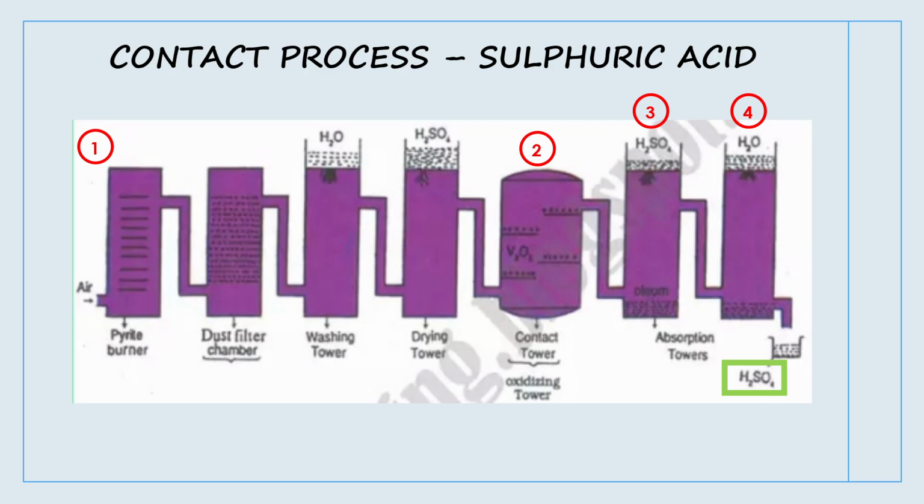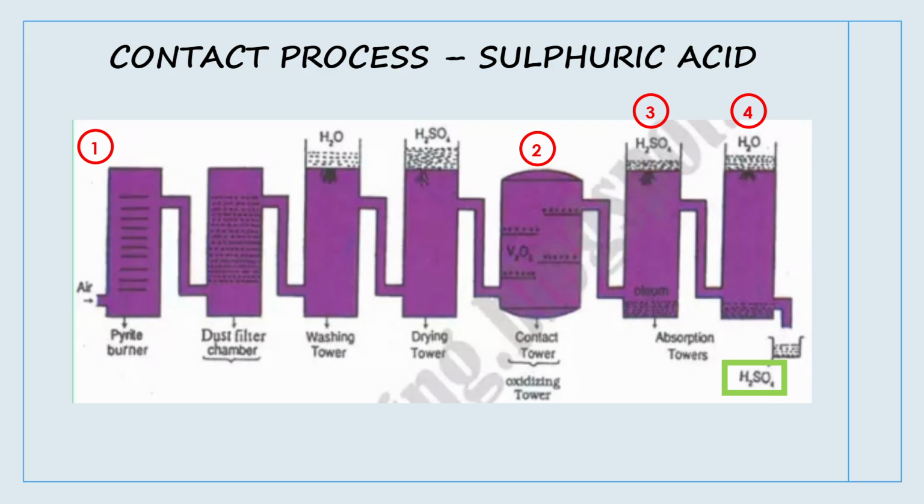In the second step, before the formation of sulfur trioxide, the sulfur dioxide that is produced in the first step contains some impurities in the form of arsenic, silica or carbon dioxide gas that must be removed, otherwise it will hamper the catalytic activity of the vanadium pentoxide. Vanadium pentoxide is the catalyst, and we know that the function of a catalyst is either to improve or decrease the rate of the reaction.